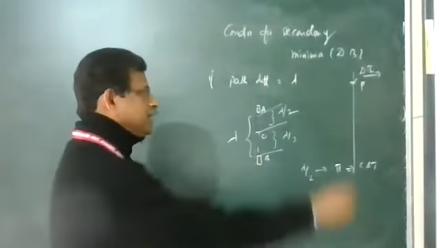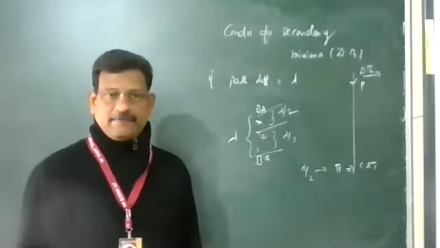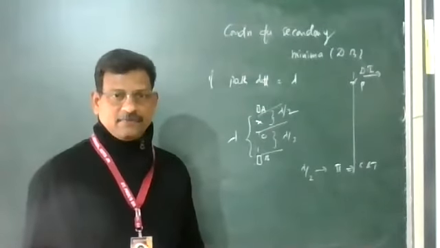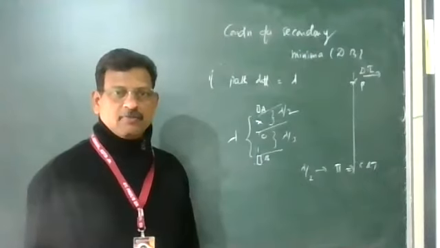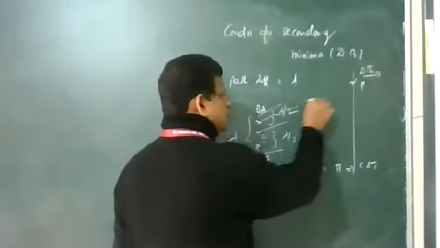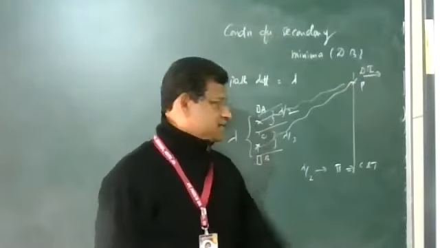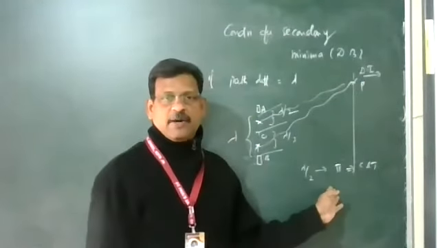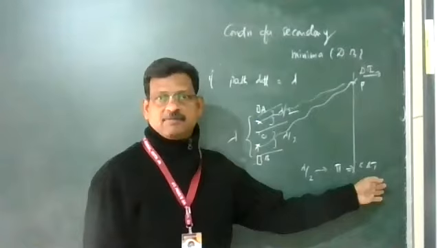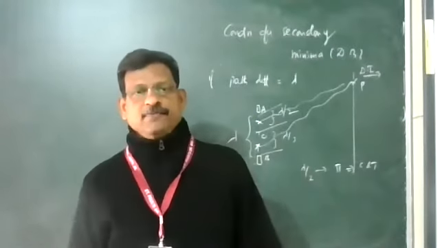Similarly, you can take any corresponding point in the upper portion OA, and a corresponding point in the lower portion will again be a pair. From here also they reach the point with a path difference of lambda by 2, which produces a phase difference with crest and trough coming together, so they superimpose and there is no intensity.